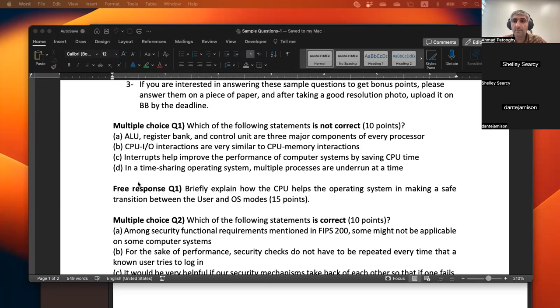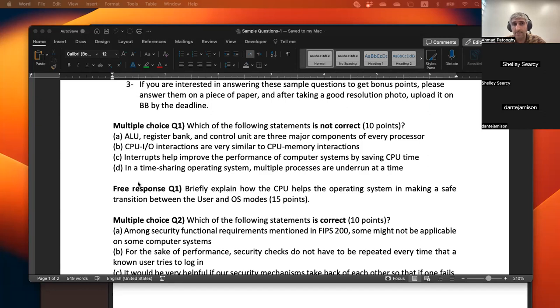Whenever the CPU is taken back and given to the operating system, it goes under kernel mode so that the operating system has access to everything needed. And whenever the operating system gives the CPU to one of the processes or applications, it puts it in user mode. So it basically restricts that user code from having access to anything that the operating system has access to.